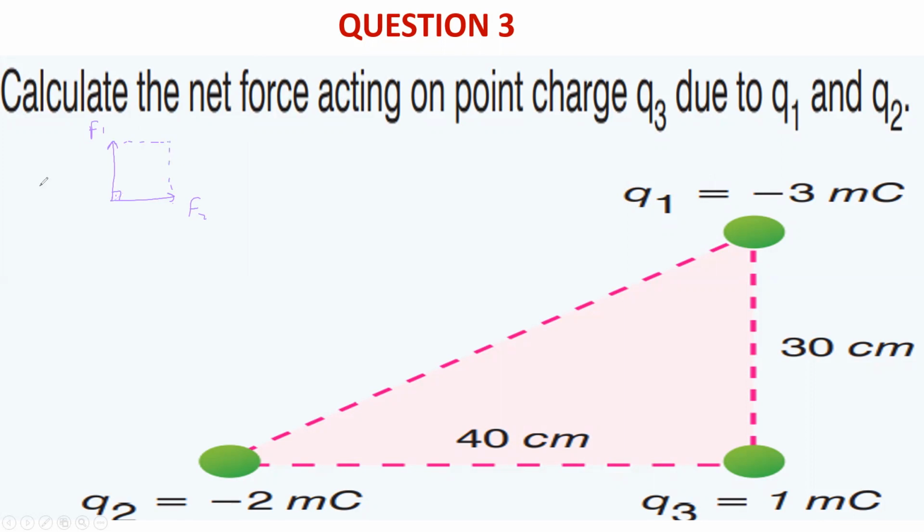So drawing from this side, this is your FR, or F net, we can say. How can we calculate F net? We know F net squared equals F1 squared plus F2 squared, and then you can write F net equals the square root of F1 squared plus F2 squared. We are going to use this formula.